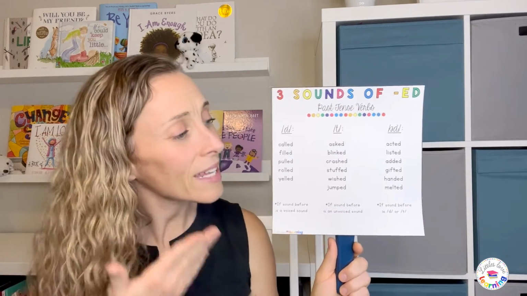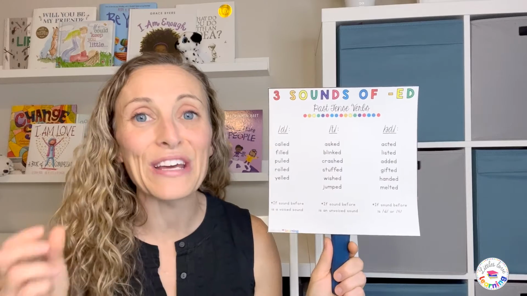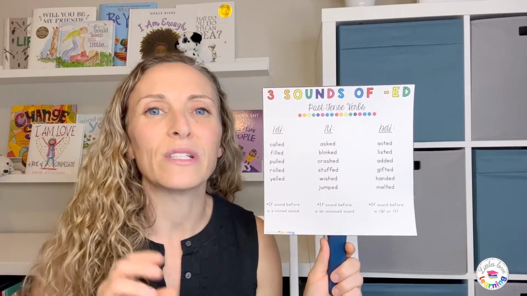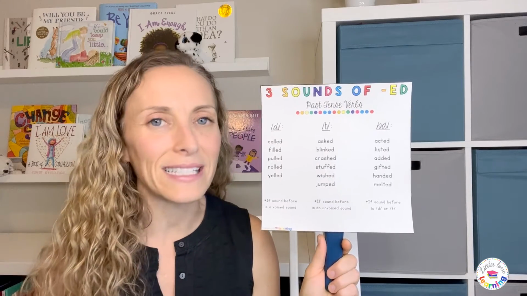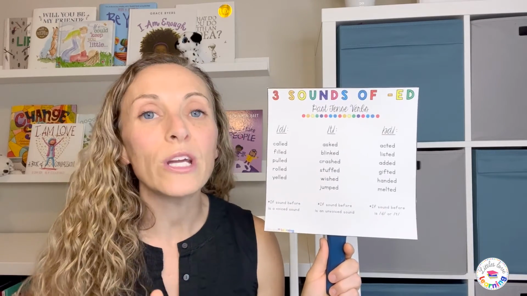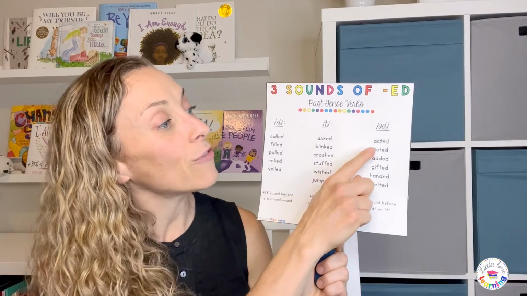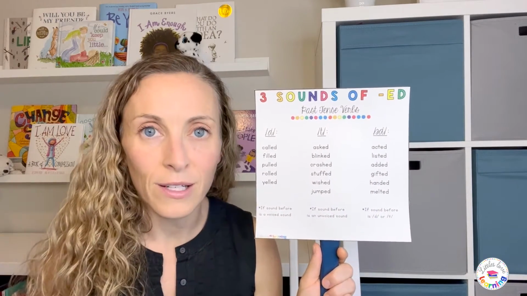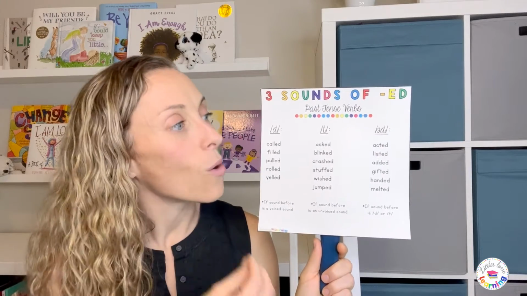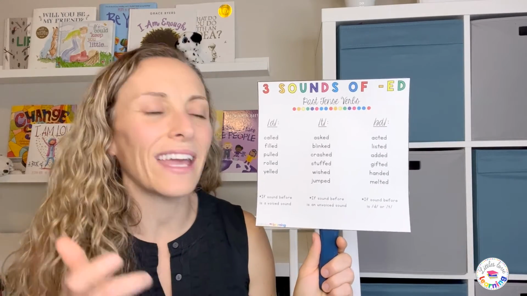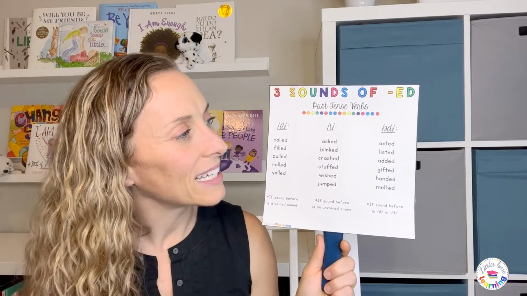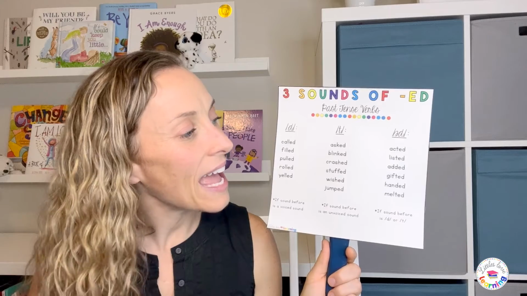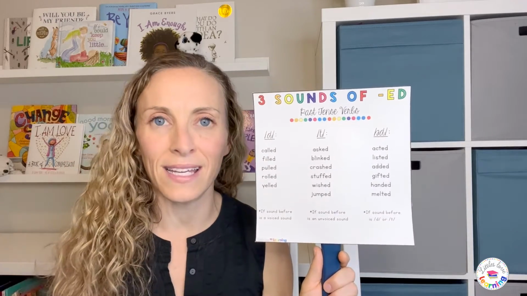Crashed. Now, there's one more pronunciation of ED, and that's the schwa sound before the D. So it's like id. It's kind of a lazy sound, id. We are going to use that pronunciation if the word ends with either d or t. So if the word ends with d or t, we're going to add the id, like acted, listed, added, gifted, handed, melted.